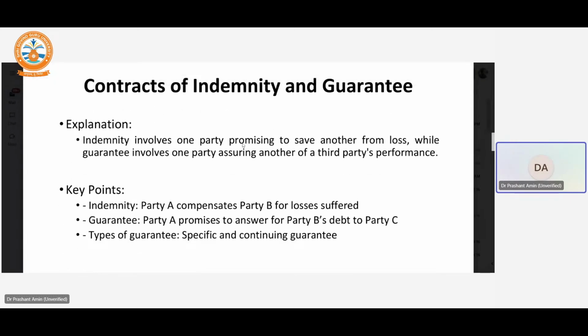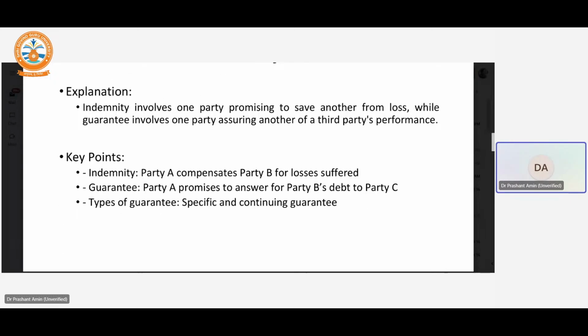In the contract of indemnity and guarantee, what is indemnity? It involves one party promising to save another from loss, while a guarantee involves one party assuming that a third party will perform. For example, if I want to send goods by train to Delhi and my goods are transferred to the railway, it is now the railway's responsibility, and the railway has taken insurance for the goods also.